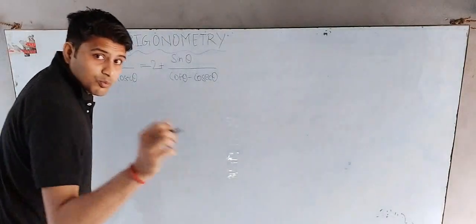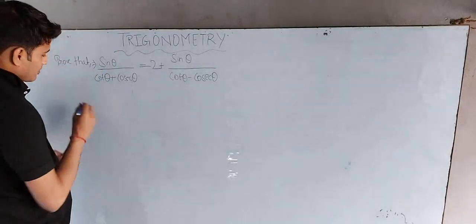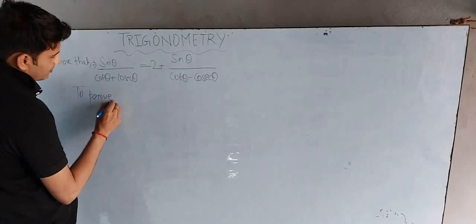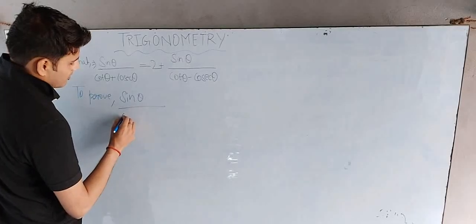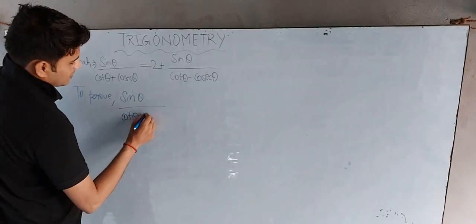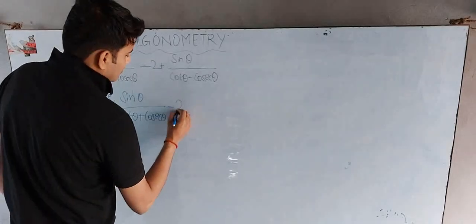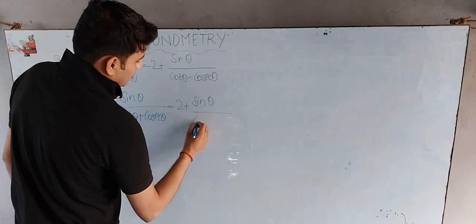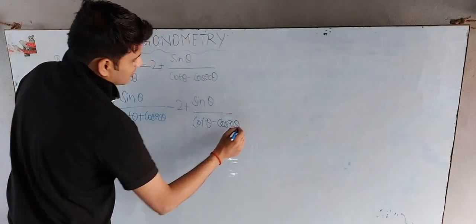Here we have to prove sin theta upon cot theta plus cosec theta is equal to 2 plus sin theta upon cot theta minus cosec theta.